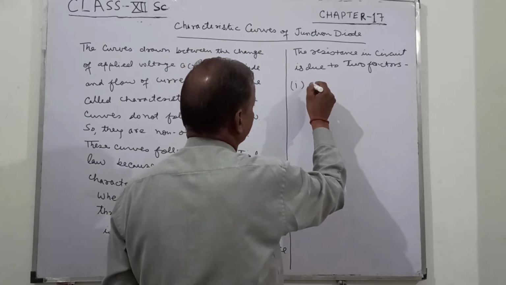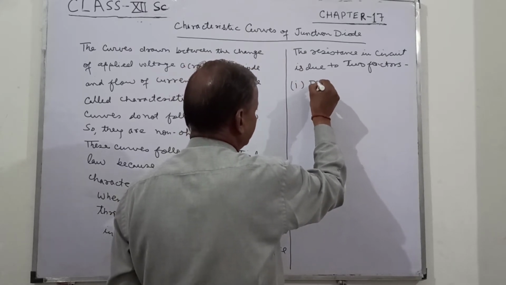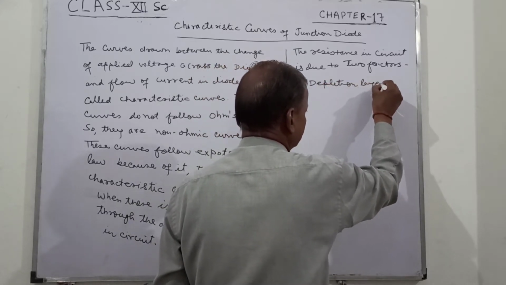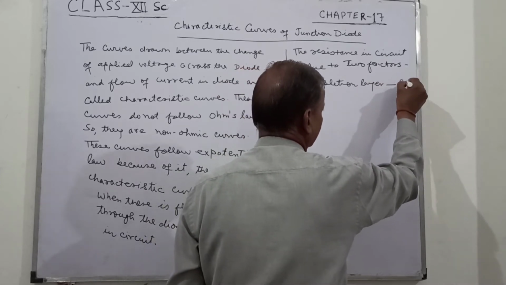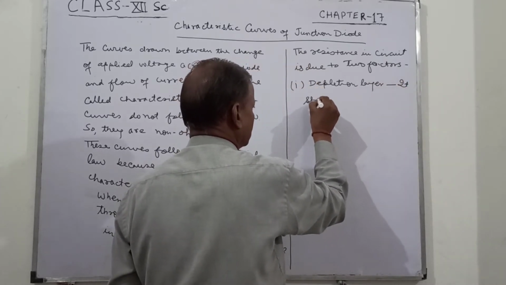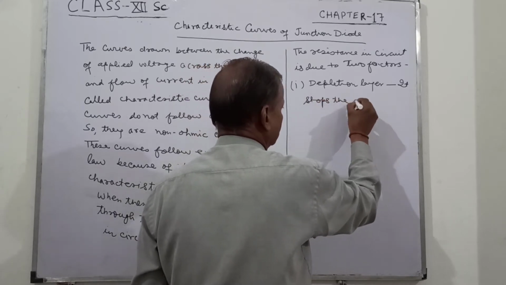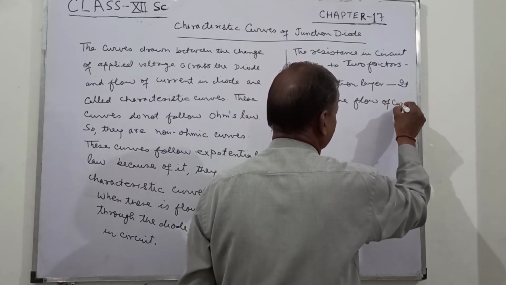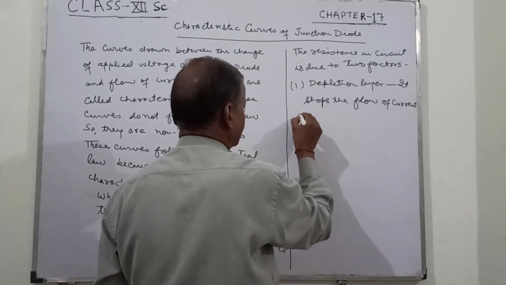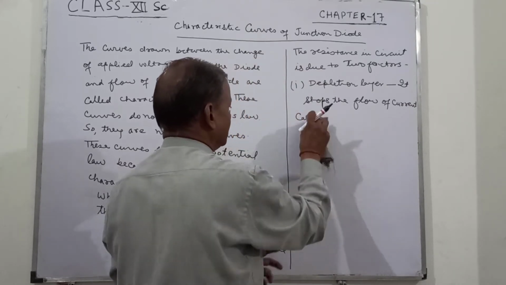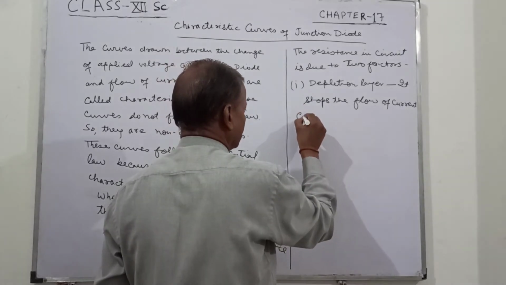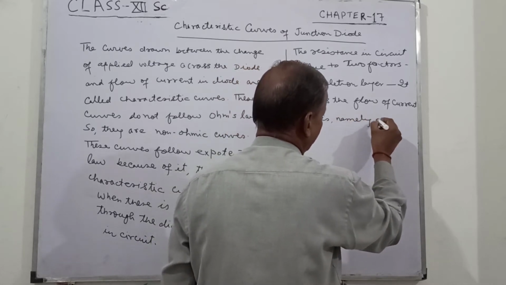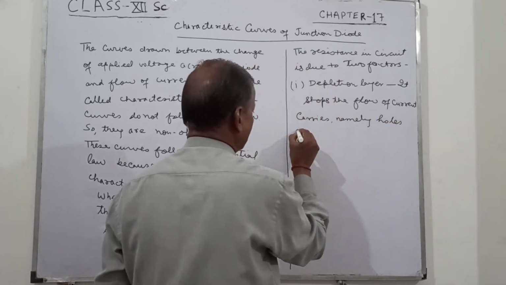Number one, the depletion layer. It stops the flow of current carriers, namely holes and electrons.